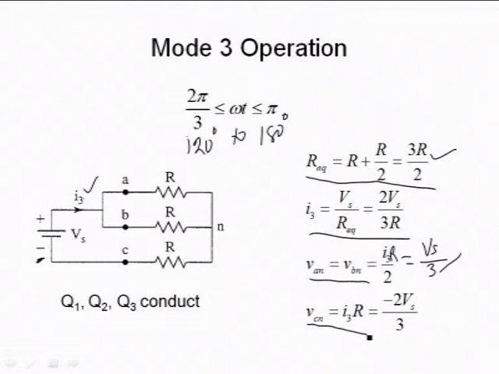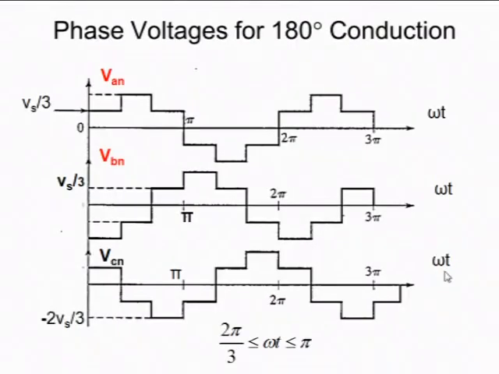VCN is equal to I3 into R, again negative, minus 2 by 3 Vs. So, the magnitudes are VAN, VBN equal to Vs by 3, VCN equal to minus 2 by 3 Vs, with transistors Q1, Q2, Q3 conducting in mode 3 operation. So, see now VAN, VBN are equal.